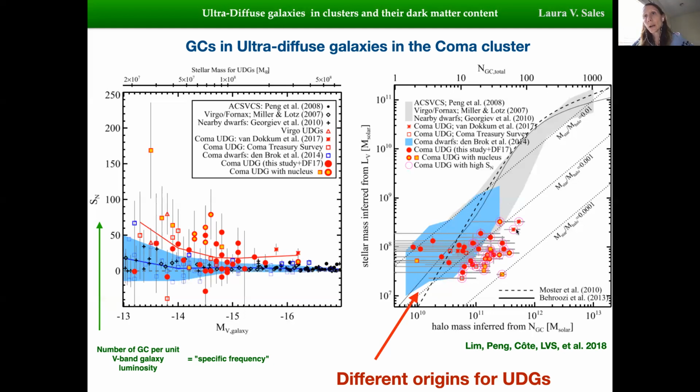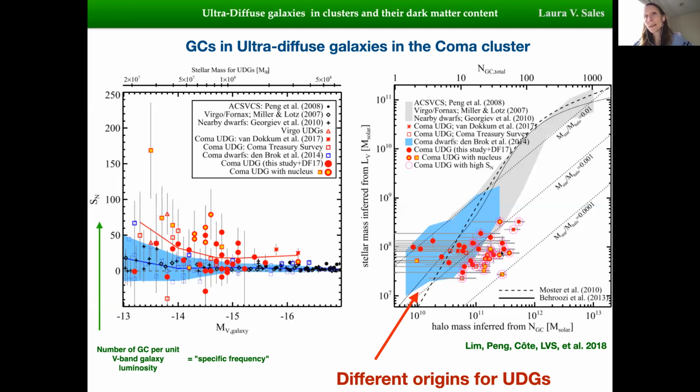And then you have some extreme objects over here that seem to be living in quite massive halos given their stellar mass. However, you see that we don't really get many objects at a mass of 10 to the 12 that would be a Milky Way mass halo.